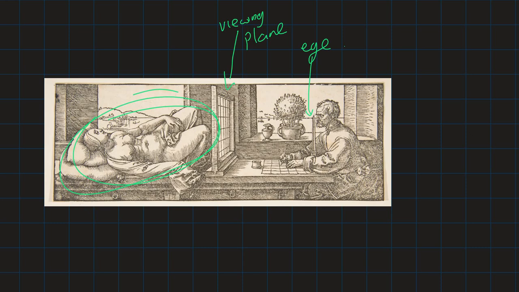Albrecht Dürer was one of the first people to study central projection, linear perspective, mathematically. He was an artist, but he also published books on mathematics and perspective. He was one of the first people to publish a book on linear perspective, so he was one of the first people to formally study this idea of perspective. Okay, that's the end of this video.